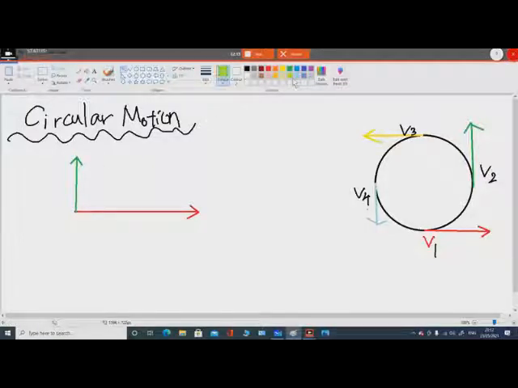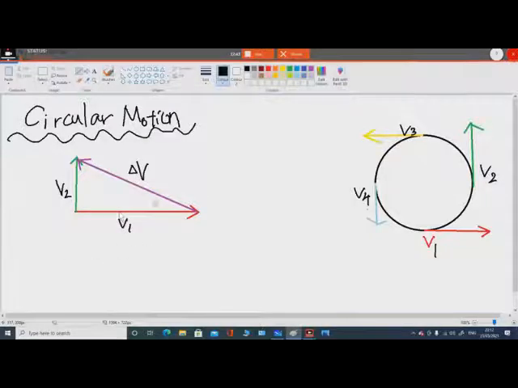Let me choose a different color and draw another line by joining V1 and V2. So this is my V1, this is my V2, and this one will be my change in velocity.